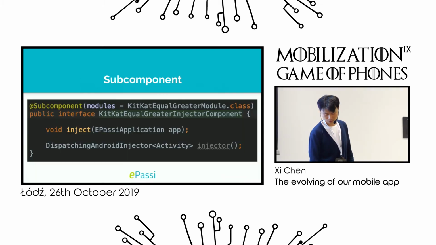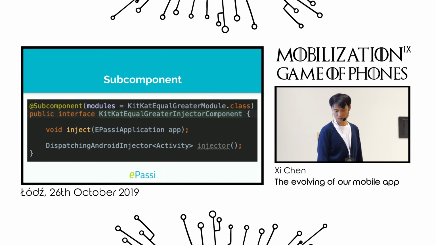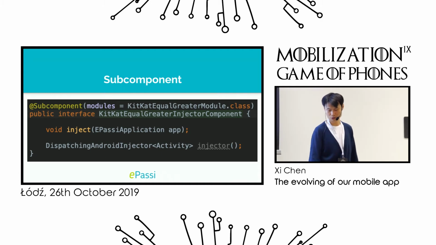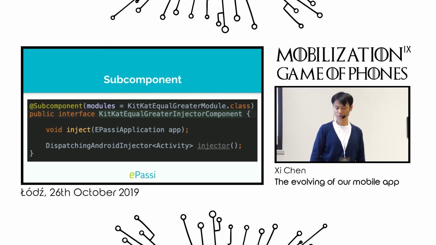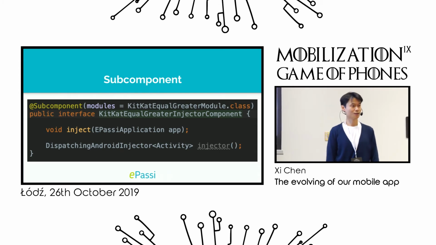So this is our subcomponent definition. It's an interface with a name that, if you're an Android developer, you probably understand: KitKat equal greater injector component. One of my team members defined that.